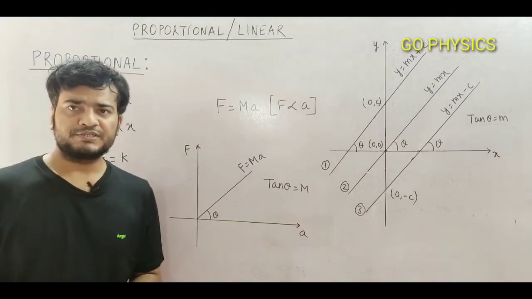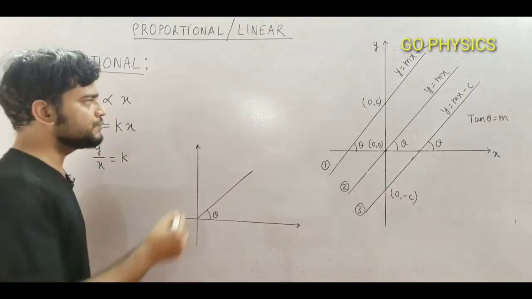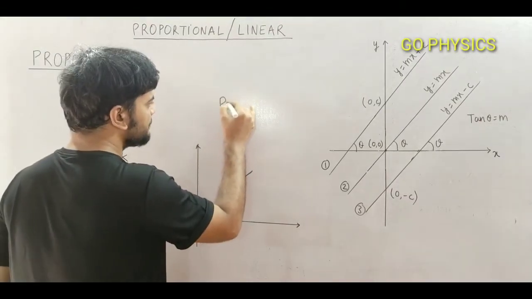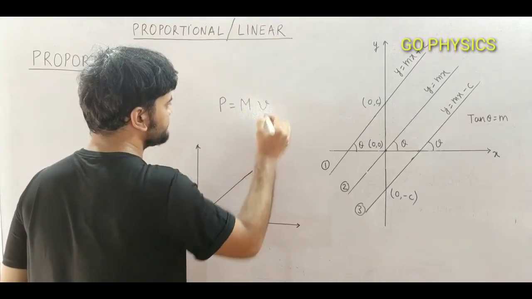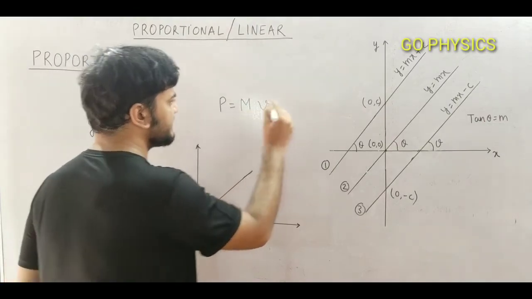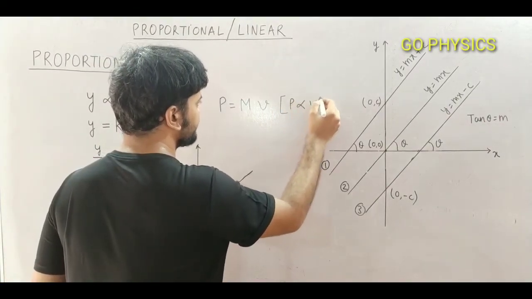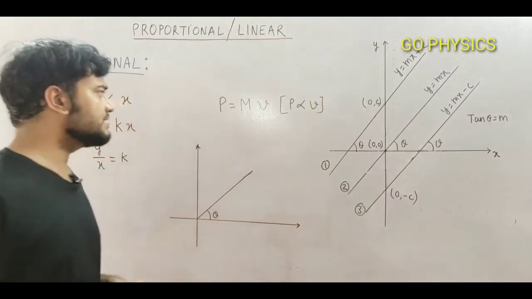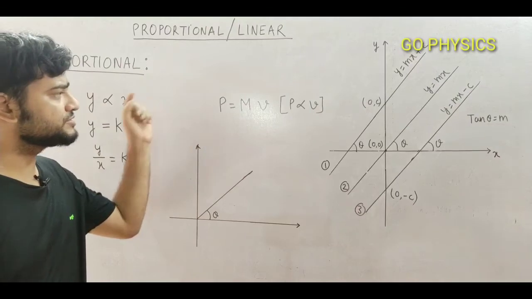Now let's see one more example. We know that momentum equals the mass of the system multiplied by its velocity. If the mass of the system is not changing with time, it means that momentum is proportional to v, or the relationship between momentum and velocity is proportional.